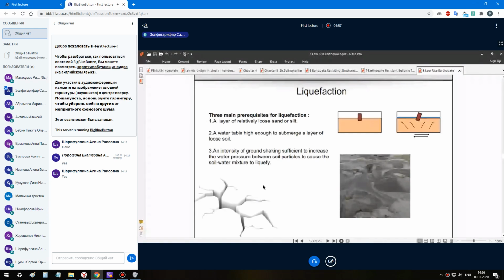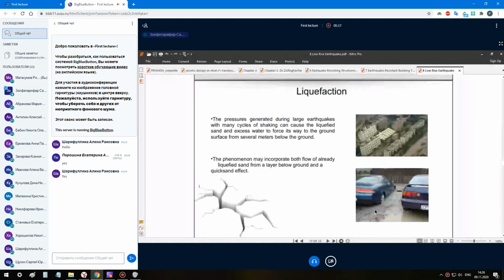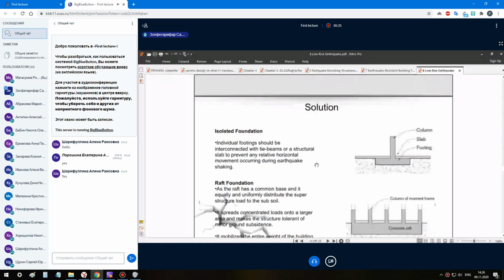Dynamic or earthquake forces can give this intensity of ground shaking, as shown in this case. And some pictures show the reactions after liquefaction.